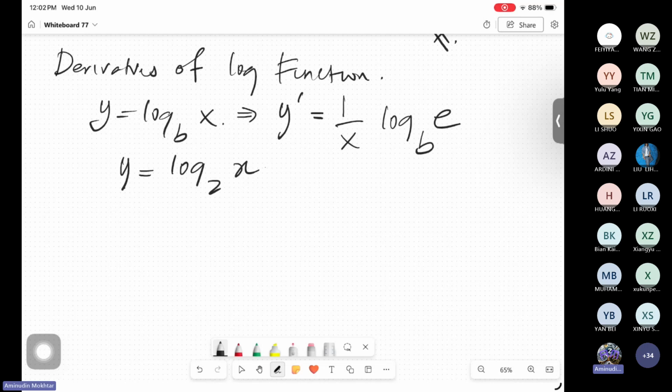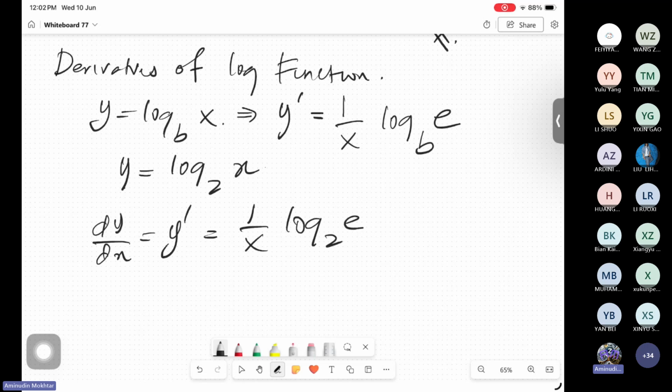The first derivative, dy/dx equal to y prime, equals 1 over x times log 2e. Okay, that is the answer. That's the rule of the derivative for the log function. You need to remember this step for the log function.